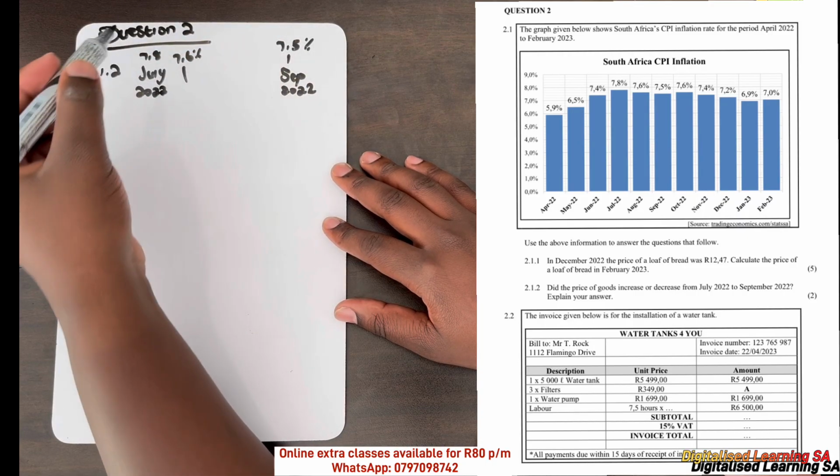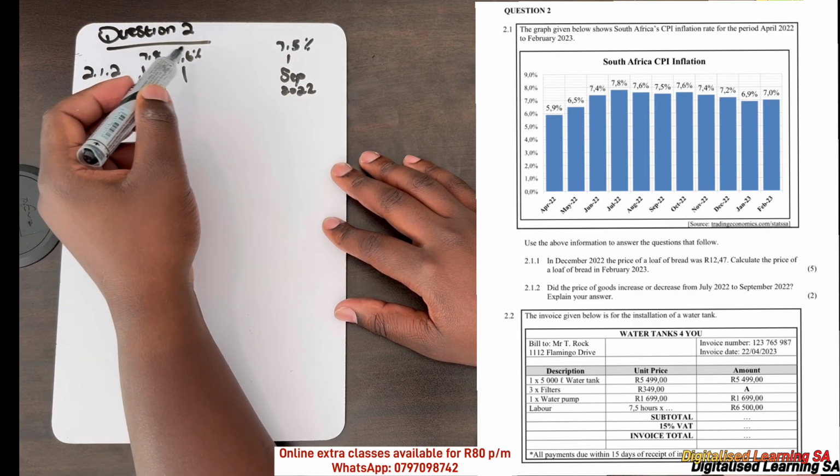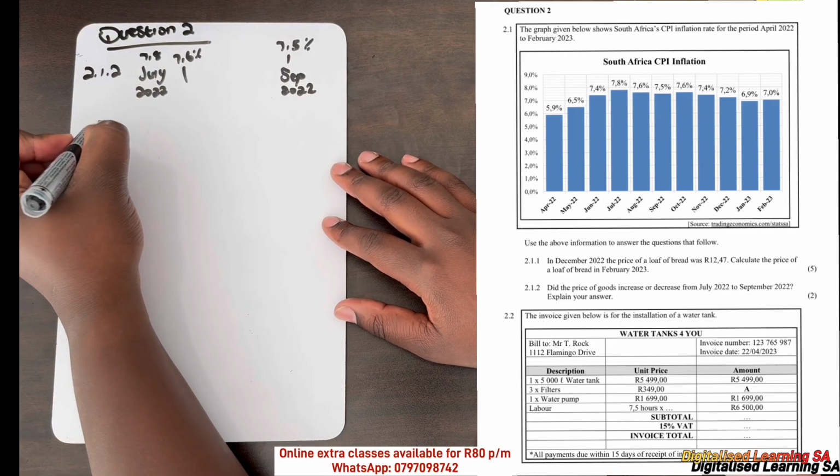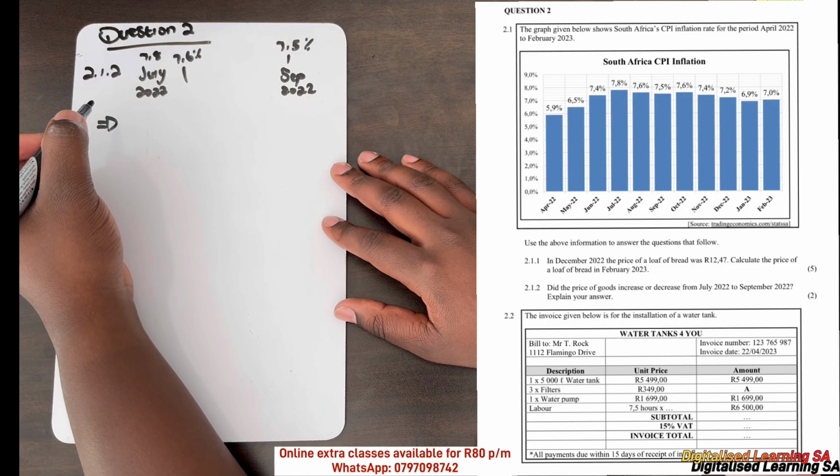So we have 7.8, 7.6, 7.5. We can say that the price increased, but at a lower rate or a lower percentage.